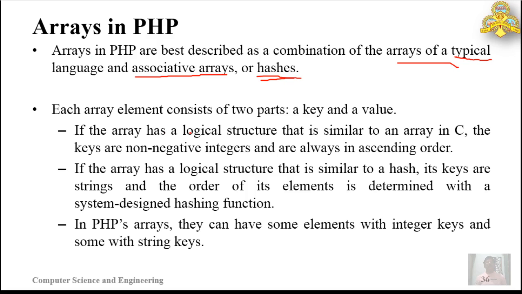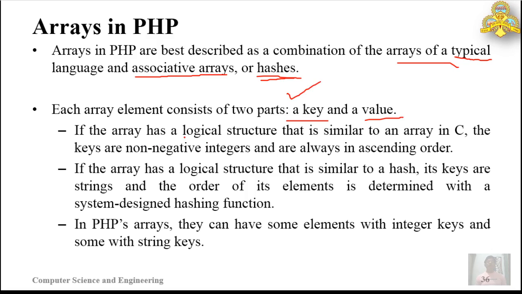In each array, the element consists of two parts, a key and a value. The key is the index, as in normal arrays that we have used in C and other languages. Here we use the word key, and the key can be an index value.